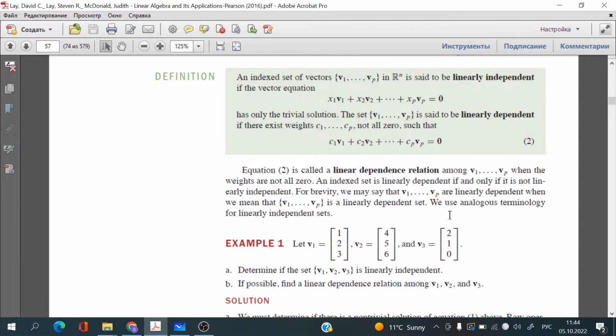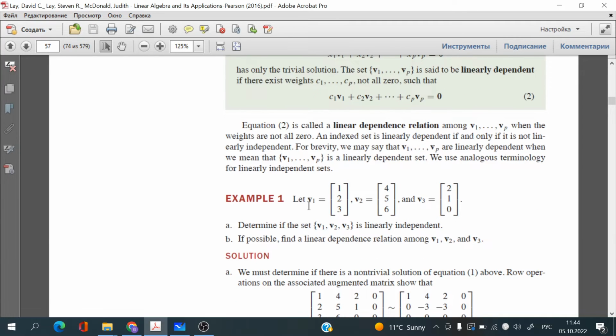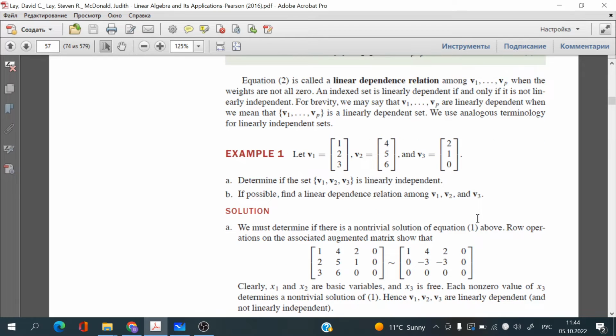Now let's consider an example. Let v1 equal this vector, v2 equal this vector, and v3 equal this vector, correct? Determine if the set v1, v2, v3 is linearly independent, and if possible, find a linear dependence relation among our vectors. Let's construct our augmented matrix.